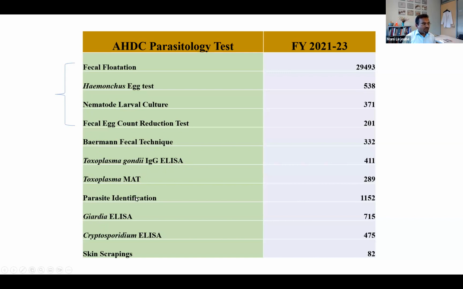We do get a lot of parasites submitted, not just from small ruminants, but from other animals as well, and that's one high volume test from our lab. And ELISAs for some of the common protozoan diseases like giardiasis and cryptosporidiosis, we do have ELISAs for that, and skin scrapings, which is another common test that is offered from our section. But for this talk, I will focus on the first 4, starting from the fecal flotation test.